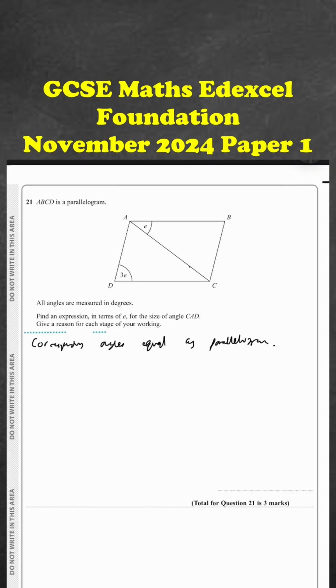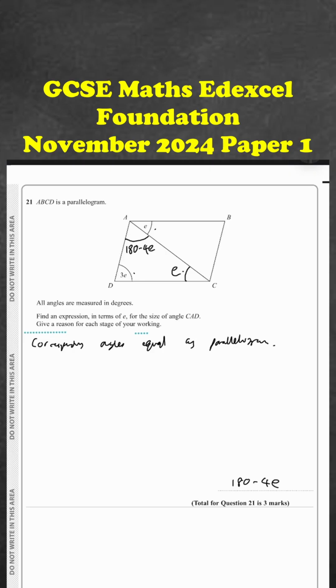So we can say that this angle here is E, as the corresponding angle up here we already have is E. This is a triangle, which means that this angle here is going to be 180 minus 4E, as all the angles in the triangle need to add up to 180. We already have 3E, we already have E, so that one must be 180 minus 4E. And that's the whole answer.